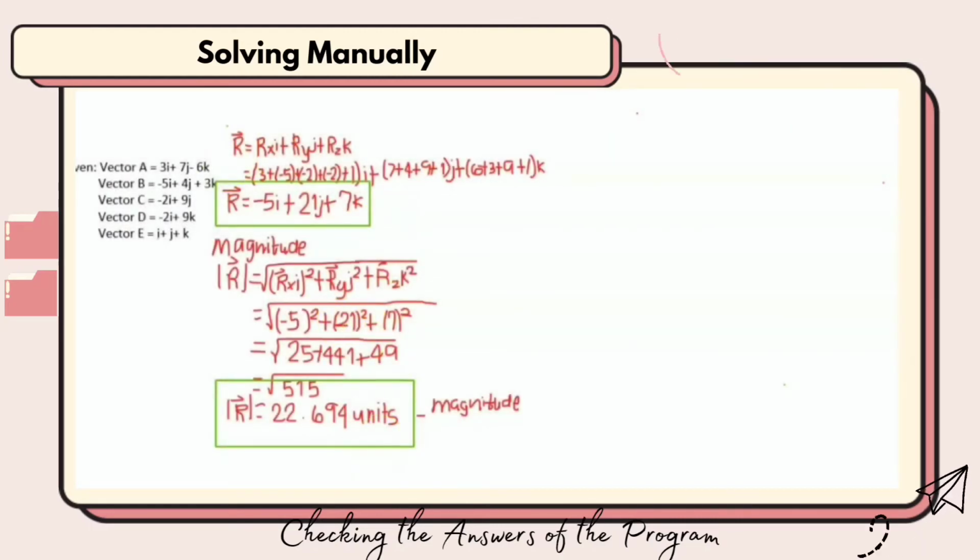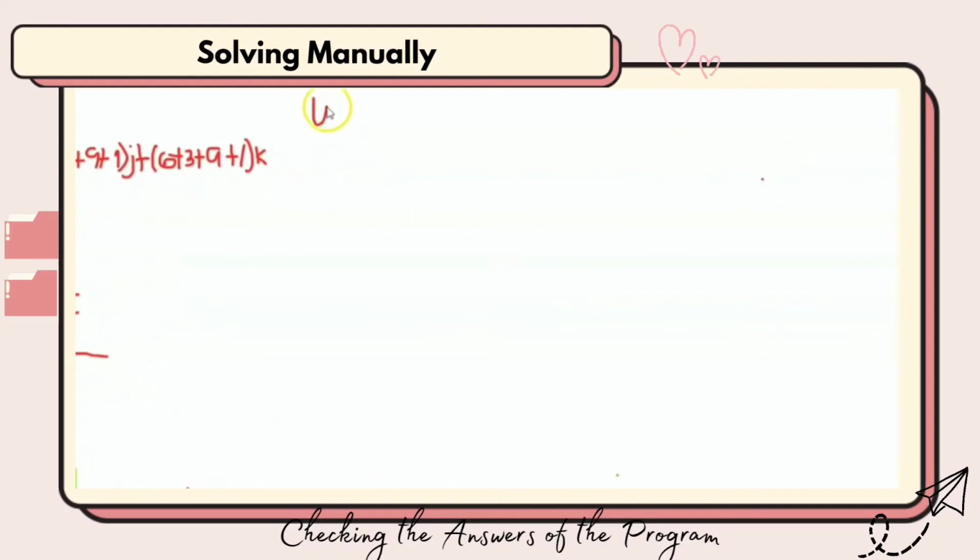Now that we already have the magnitude, the only thing left to us is getting the direction. In order to get the direction, we would use the unit vector.